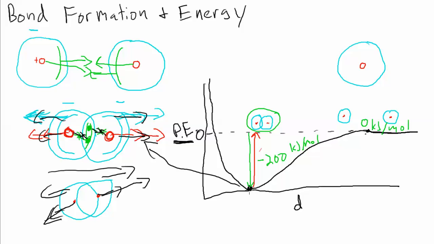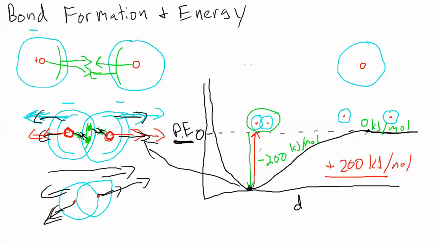So if the potential energy at the stable point, the lowest point, is negative 200 kilojoules per mole, and I want to break them apart, get them over here, then I would have to add 200 kilojoules per mole. See? So this bond energy, even though it's negative, is the amount of energy you have to add to bonded atoms to get them to split apart.